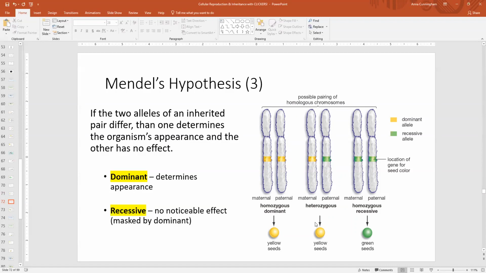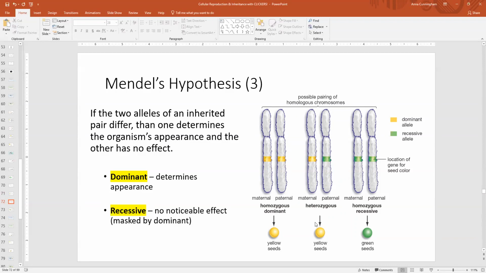The dominant voice will be heard. However, if I all of a sudden leave the room, like run out to use the bathroom or something, then only when that dominant presence is gone will you hear that whispering. So that's kind of how dominant and recessive work. If the dominant presence is there, it is expressed. The only time the recessive allele will be expressed is if the dominant is absent.